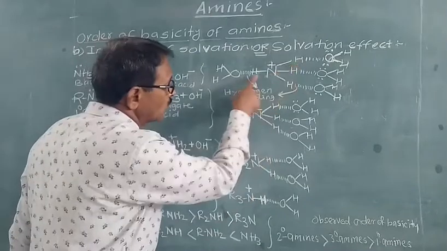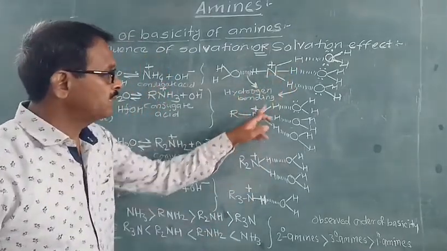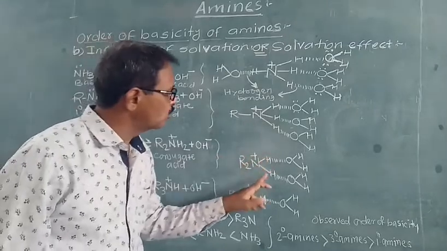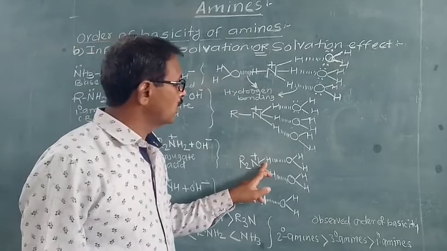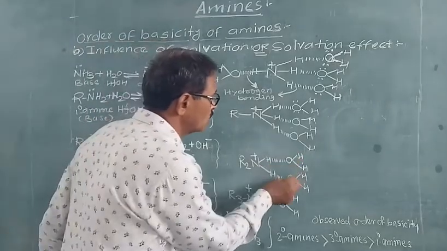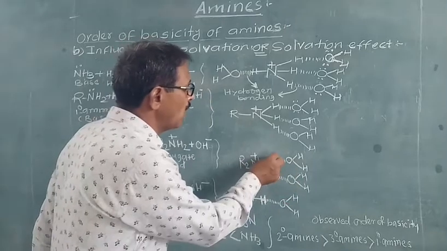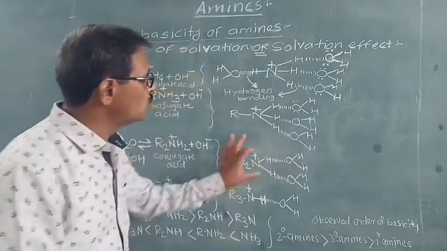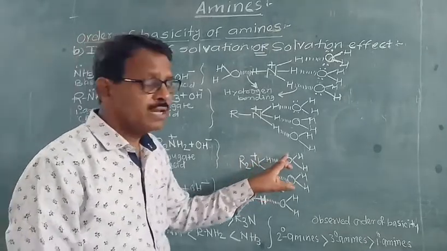In ammonia the nitrogen atom is attached to 4 hydrogen atoms, in primary amine it is attached to 3 hydrogen atoms, and here it is attached to only 2 hydrogen atoms. These 2 hydrogen atoms combine with 2 water molecules, which donate the pair of electrons to this nitrogen atom through hydrogen bonding, so R2NH2+ combines with only 2 water molecules.